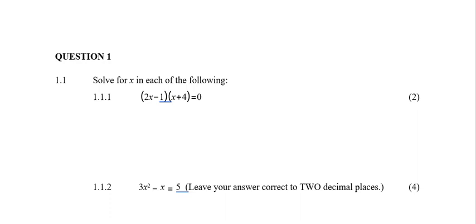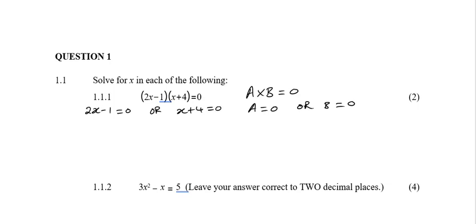So this problem is copied from grade 9 work, whereby a product of a multiplied by b if it equals 0, then which means a equals 0 or b equals 0. So in this case it's 2x minus 1 equals 0 or x plus 4 equals 0.